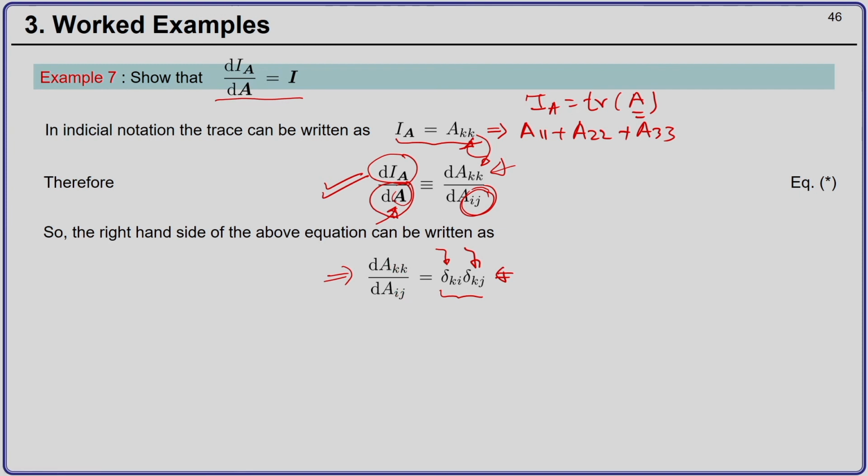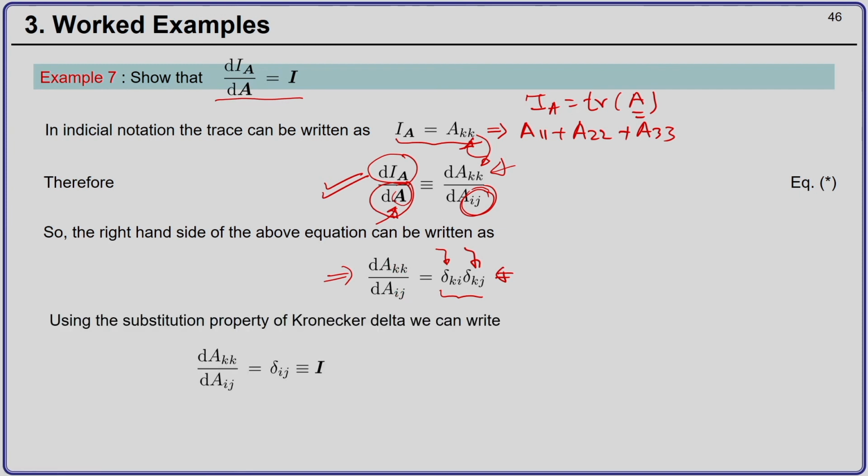We can use the substitution property, and using this substitution property on delta_ki delta_kj, k is common.